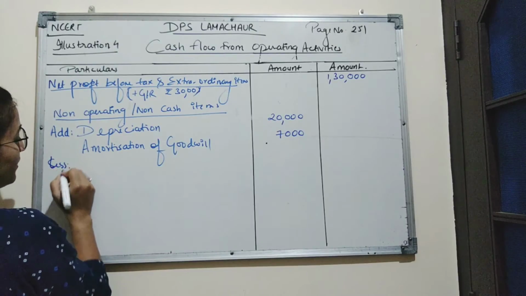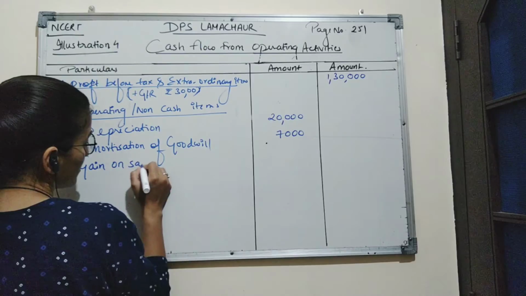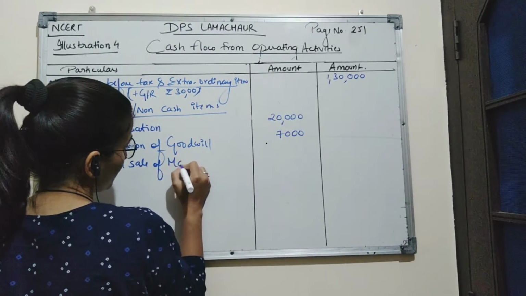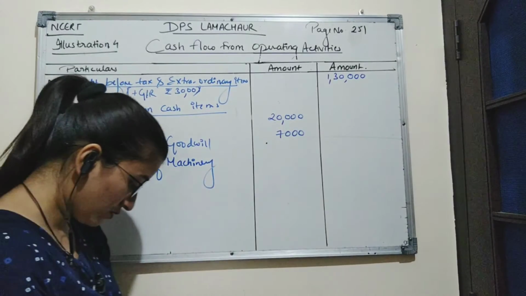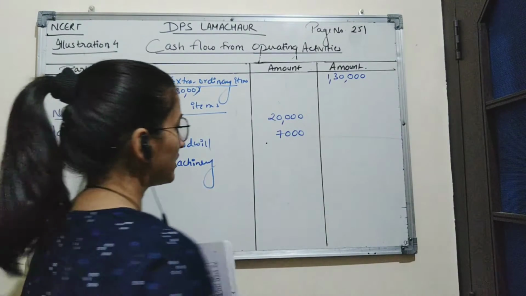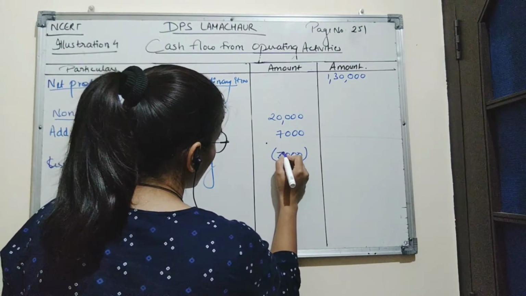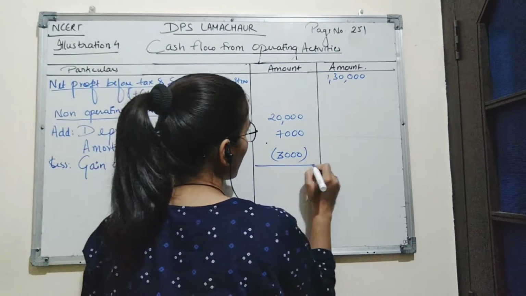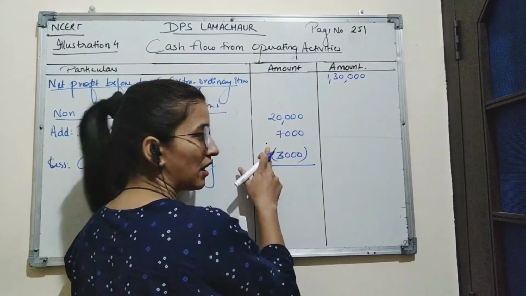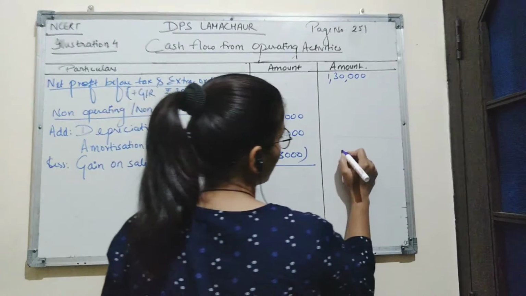So we will subtract gain on sale of machinery, which is a non-operating income. Amount is rupees 3,000. So we will put the bracket in the negative value. By calculating this amount, 20,000 plus 7,000 is 27,000 minus 3,000 is 24,000.